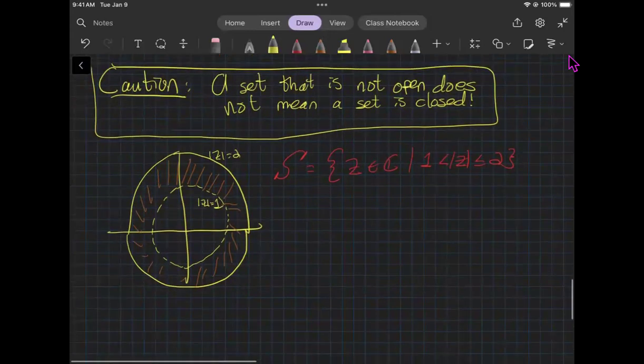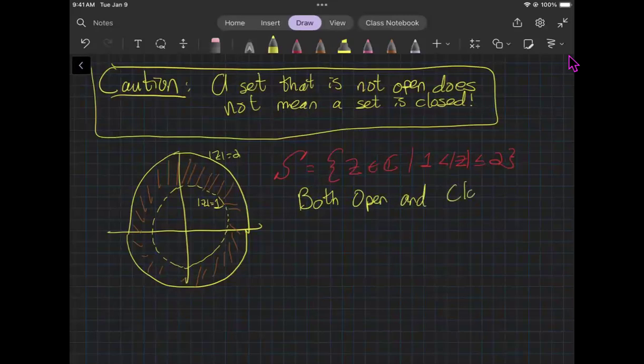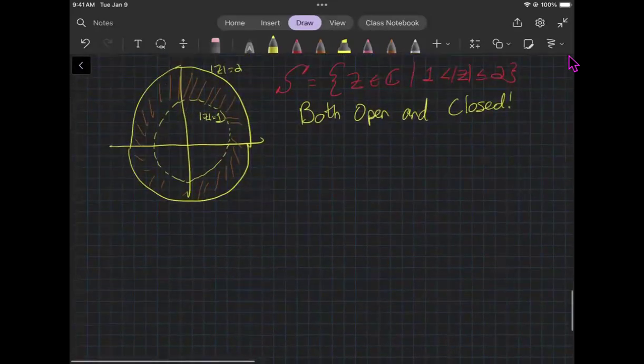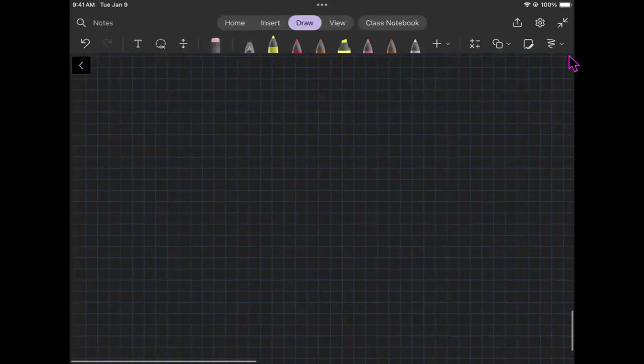So this is a set that's both open and closed. Okay. So that's just an example of open and closed sets.